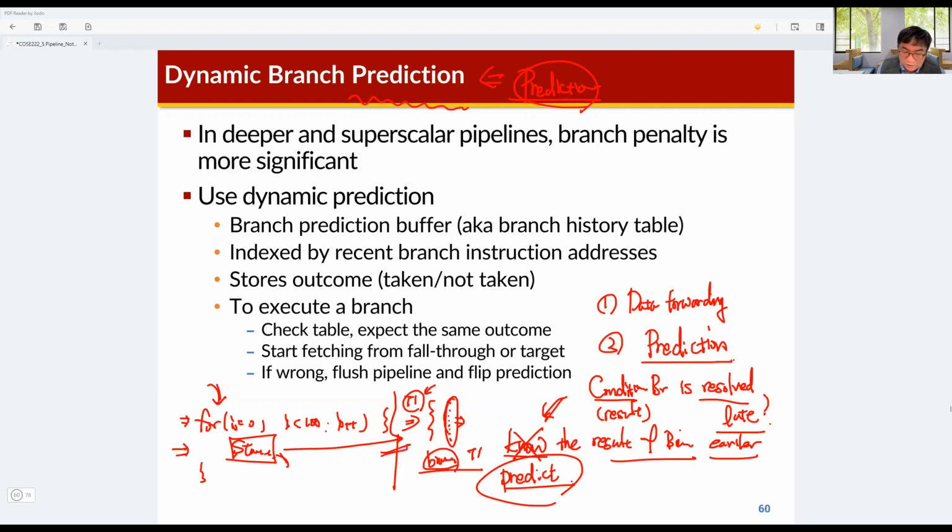This is the translated assembly code, and the branch instruction is here. We can know this branch will be taken how many times? It goes back to T1. How many times?